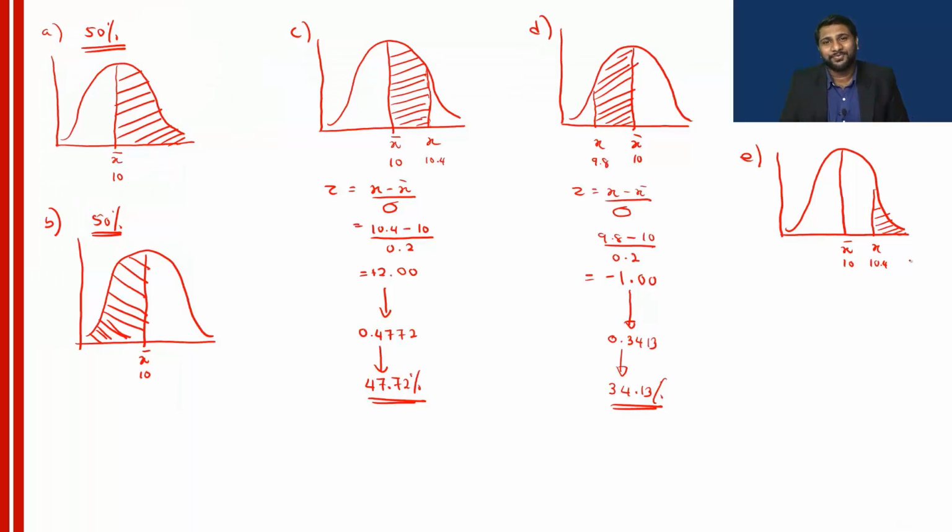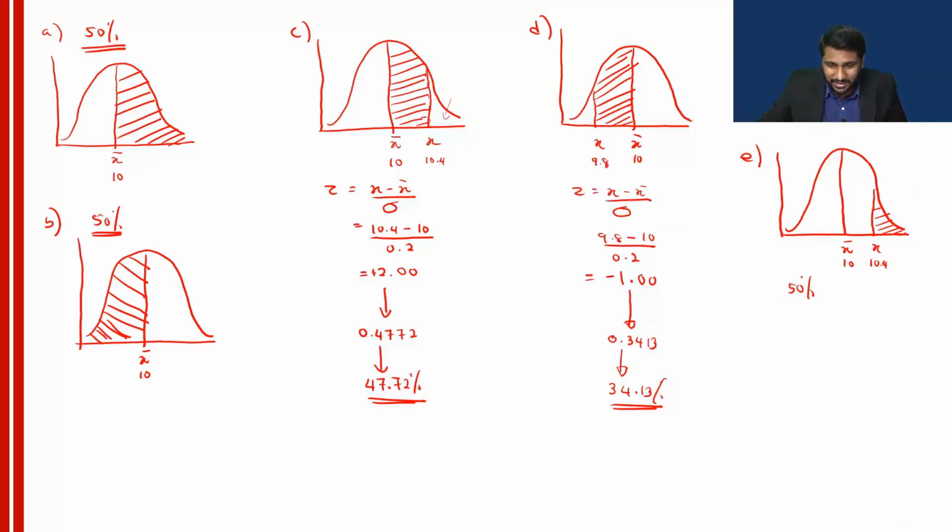How to find it? Very simple. As of now, you might have got the answer also. From the mean to the right side, you have 50% completely. Out of that, from here to here it is 47.72%, and I am asking for this particular part. 50% is this entire area, because it is symmetrical: one side 50%, the other side 50%.